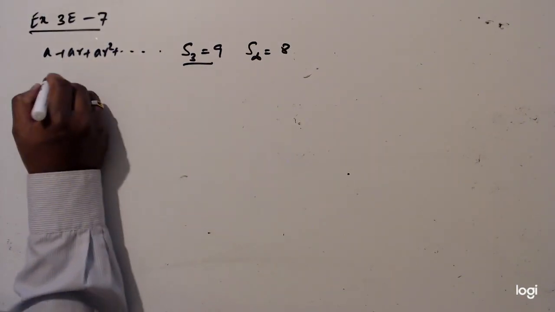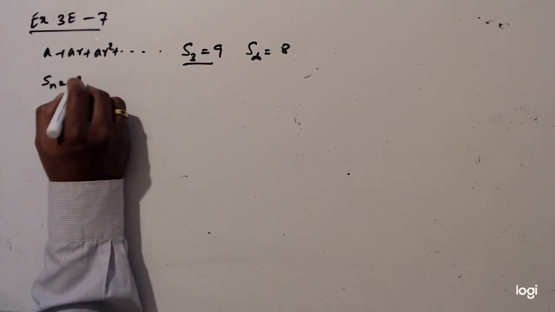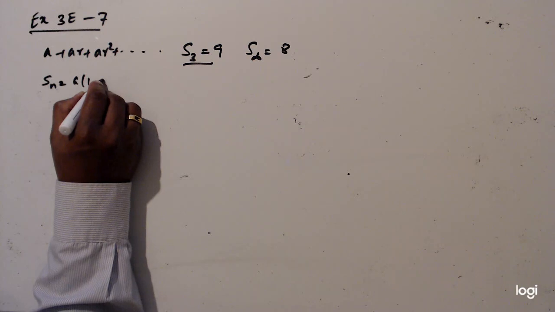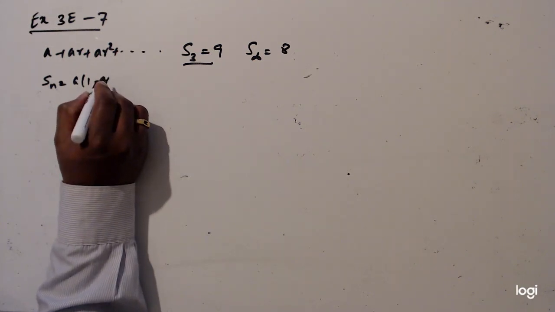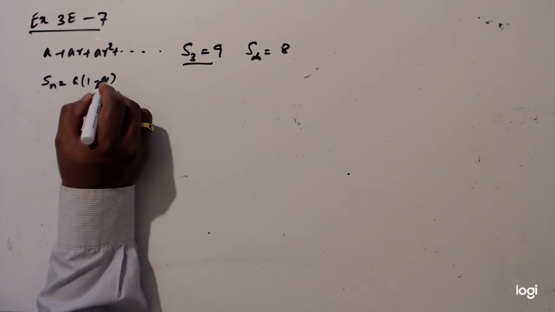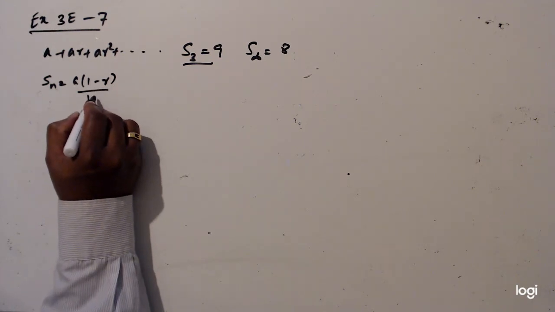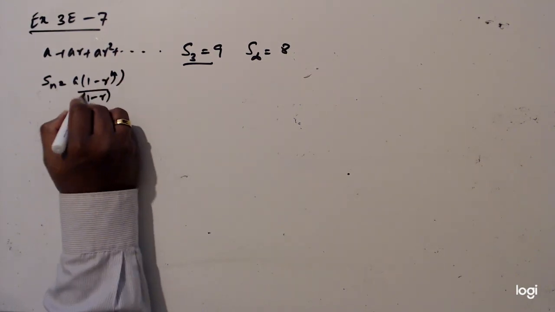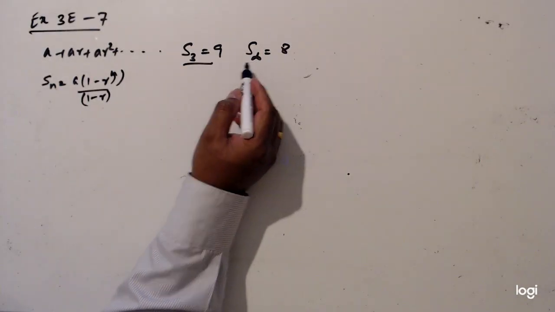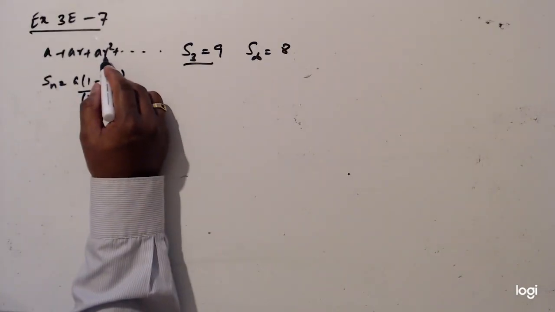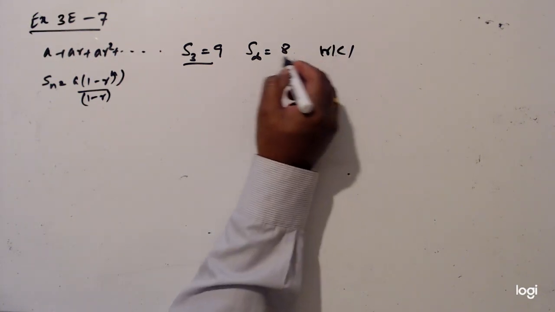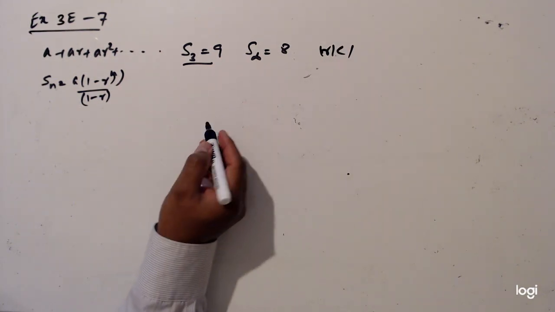So we know the standard formula is a over 1 minus r, because we know that the value of r is between minus 1 and 1, or mod r is less than 1, because the series is convergent.